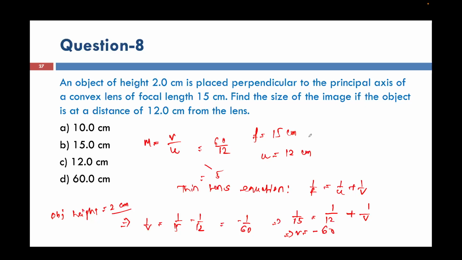That means my image height will be magnification into object height, so 2 into 5 is equal to 10 centimeter. So option A will be correct.